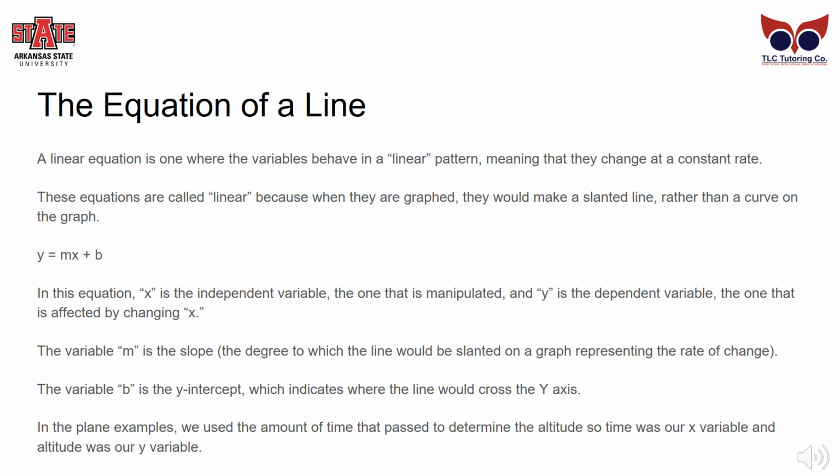Y is the dependent variable, the one that is affected by changing x. The variable m is the slope, the degree to which the line would be slanted on a graph, representing the rate of change. The variable b is the y-intercept, which indicates where the line would cross the y-axis. In the plane example, we use the amount of time that has passed to determine the altitude, so time was our x variable and altitude was our y variable.